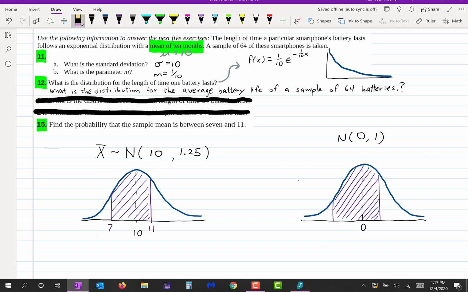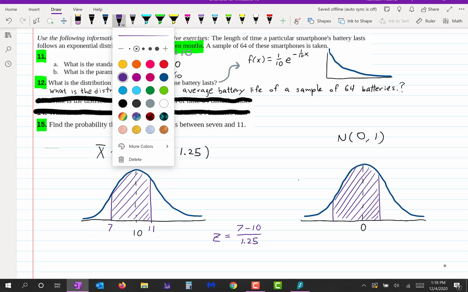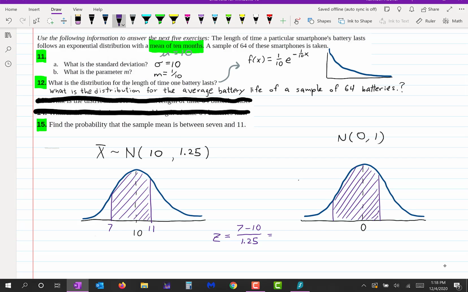Okay, so first let's find the z-score for 7. We go 7 minus 10 divided by 1.25, and we get negative 2.4. So that's this number right here.